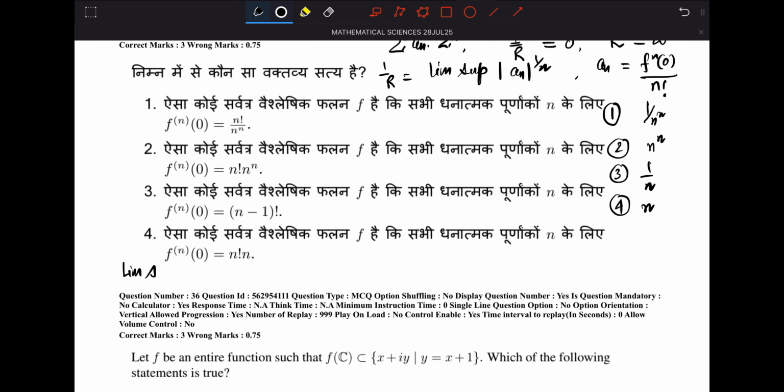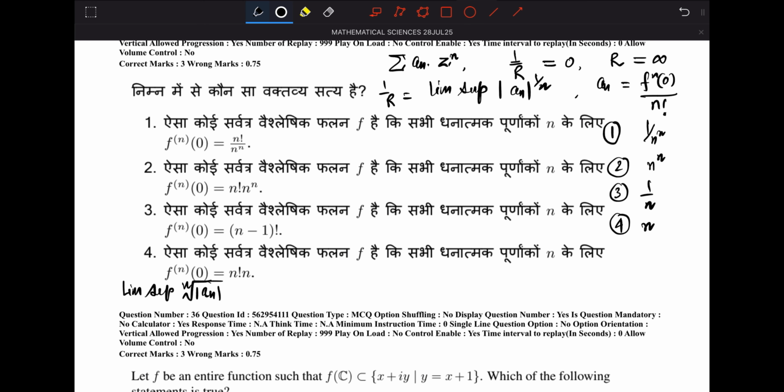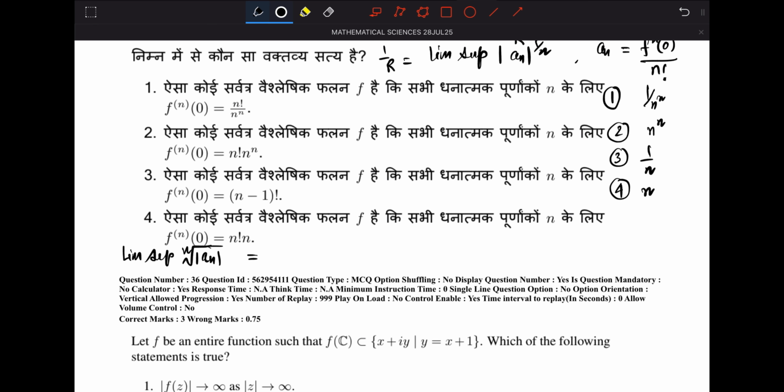In the first case, the lim sup of the nth root of mod a_n is 0. This is what we want. In the second case, the nth root of a_n is n, so the lim sup of n tends to infinity.